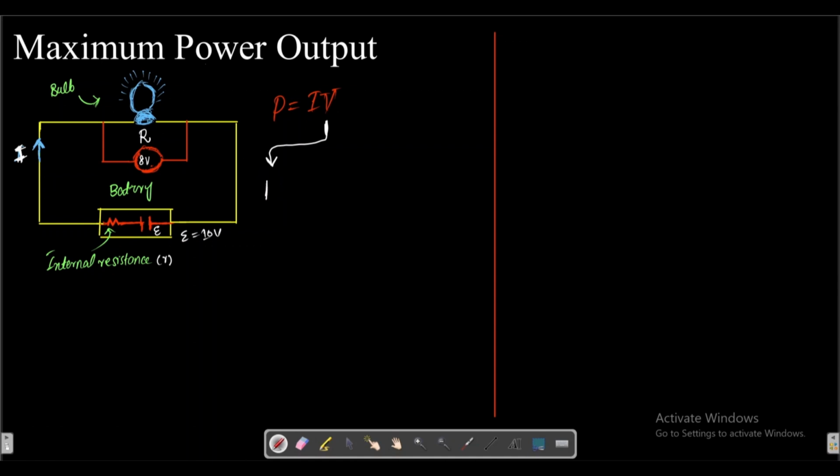If I decrease the internal resistance, then according to Ohm's law, V is equal to IR, and from here we know that I is equal to V by R. So if we reduce the internal resistance, the current will be increased.